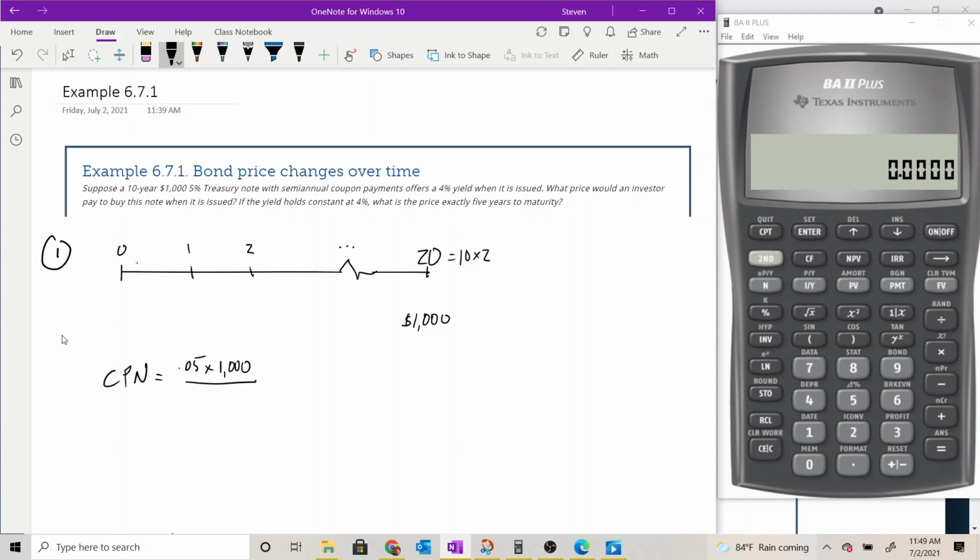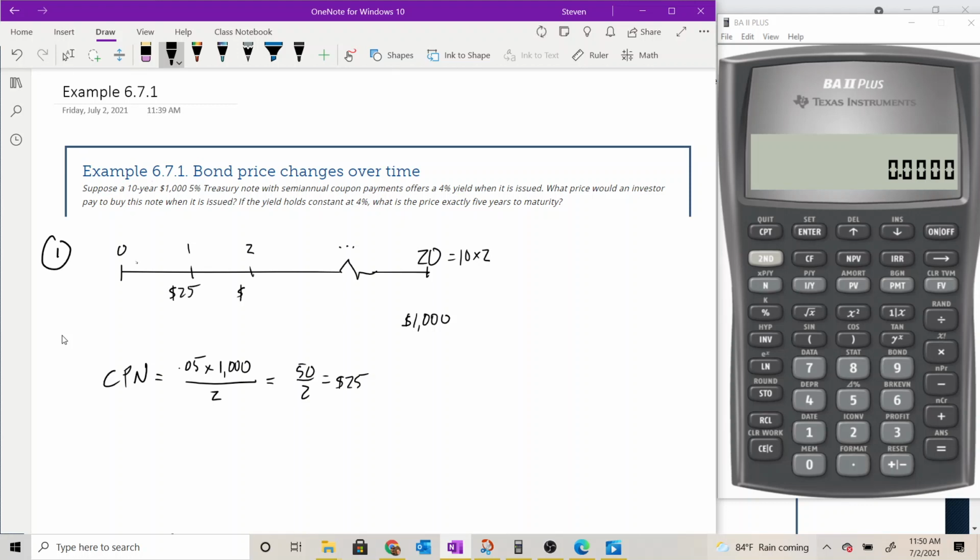And we're going to divide that by the number of payments per year. Since this one's semi-annual, it's 2 payments per year. 0.05 times 1,000 is 50. So this bond pays $50 in interest per year, but it splits it up into 2 equal payments once every 6 months. So it pays $25 every 6 months.